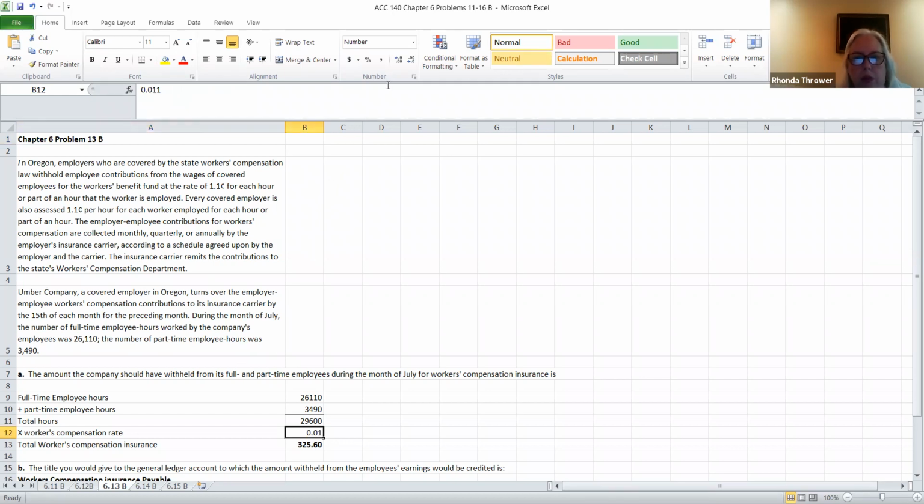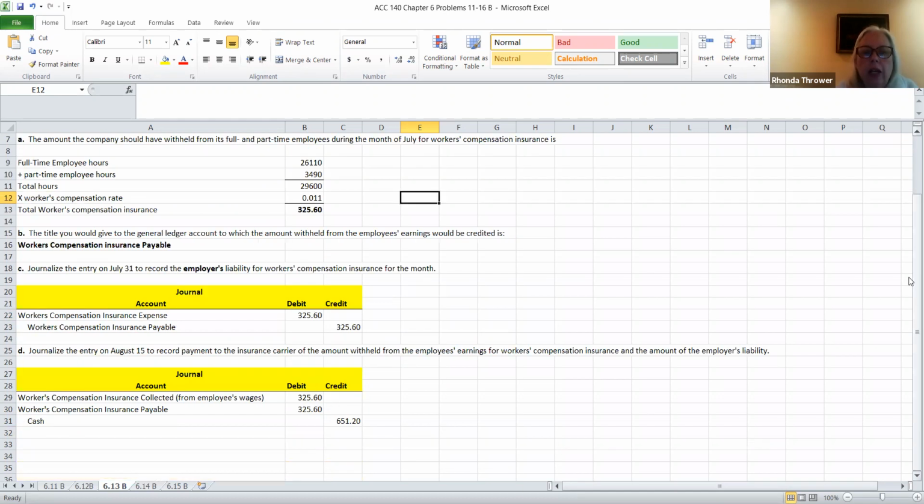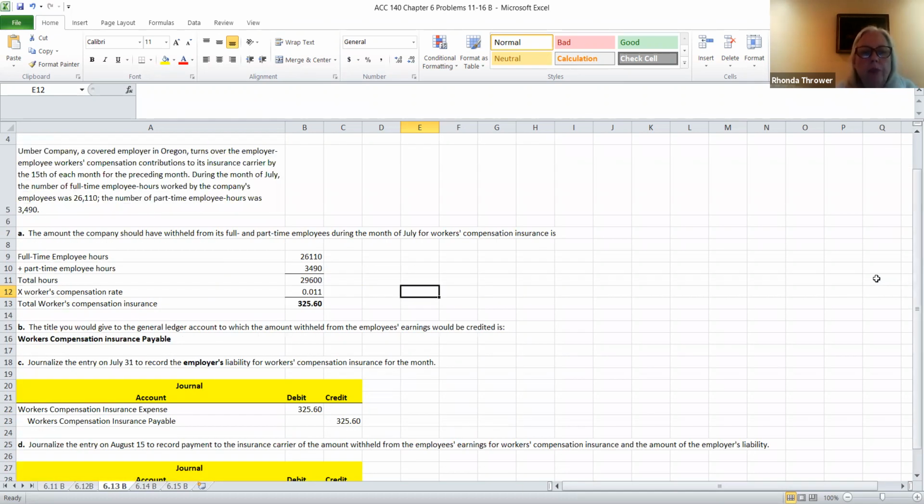It's showing up as only 2 decimal places here, so I'm going to increase that so you can see that. That's the way it should be showing, as 1.1 cent. We will multiply this 0.011 by 29,600 hours, and that will give us the total workers' compensation insurance that is owed for the employees. And the employer is also going to have to match this amount, because the employee and the employer are going to pay the workers' compensation.